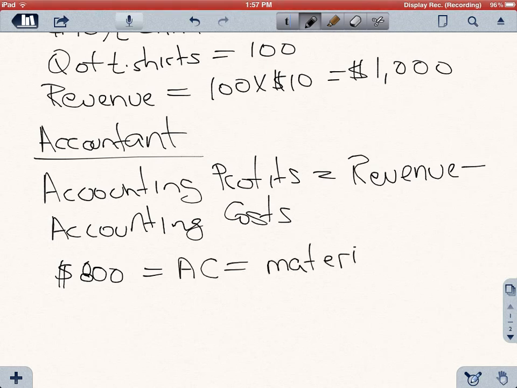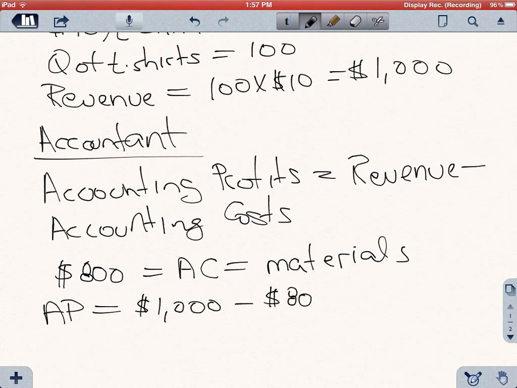So an accountant will calculate his profits in this way. Accounting profits, call that AP, is going to be the revenue, which is $1,000, minus the $800 in accounting costs. So you go to an accountant, and he will tell you that this business will make you $200 in profits, which sounds pretty good, but it's quite different than how economists will count your profits.